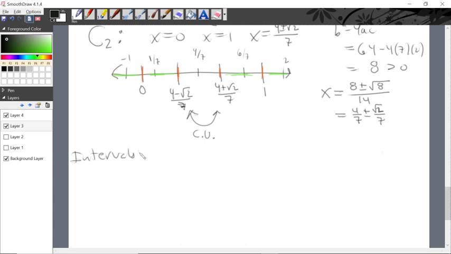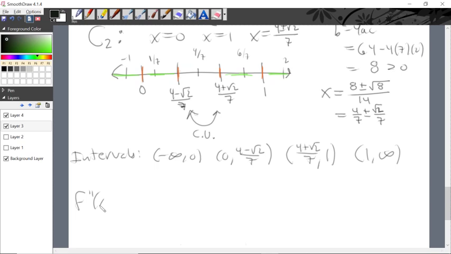Those intervals are from -infinity to 0, from 0 to 4 minus root 2 over 7, from 4 plus root 2 over 7 to 1, and then 1 to infinity. And on each one of those intervals, we're going to be finding out what f double prime of x is.